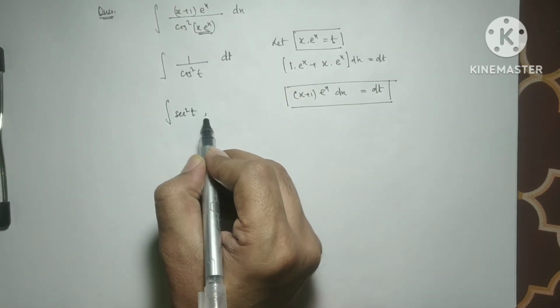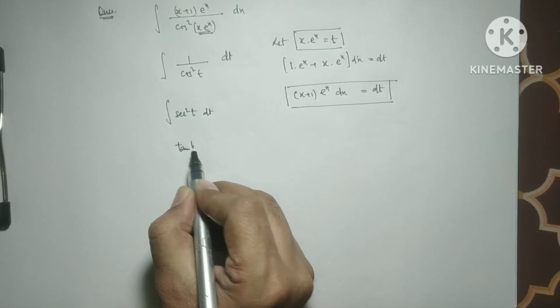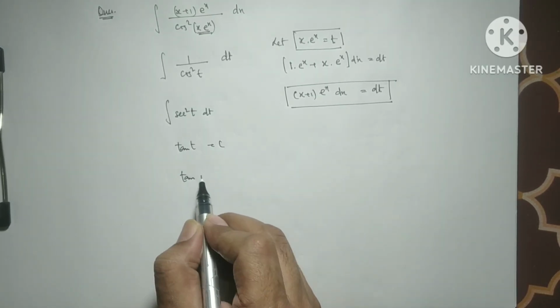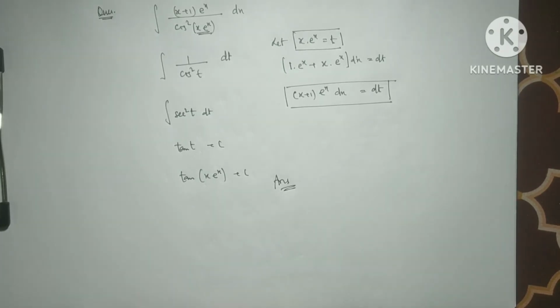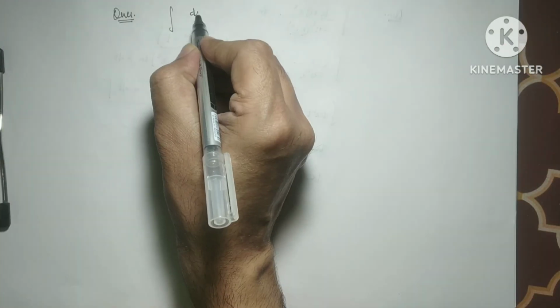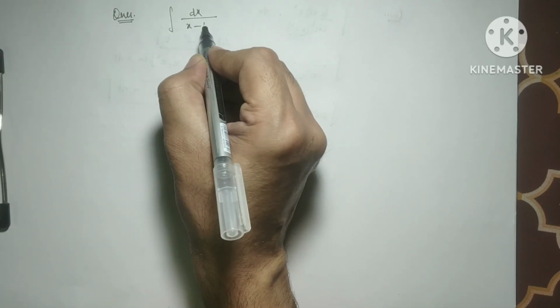So we get the integral of sec square t dt, that becomes tan t. So this is the answer.